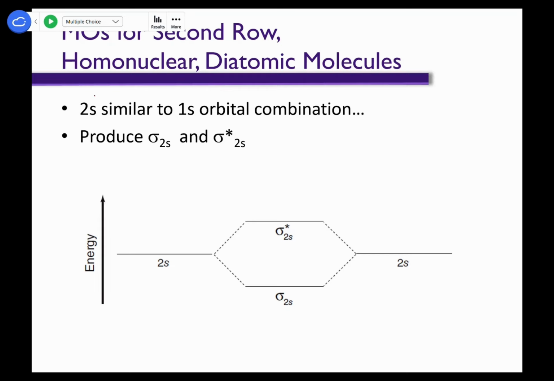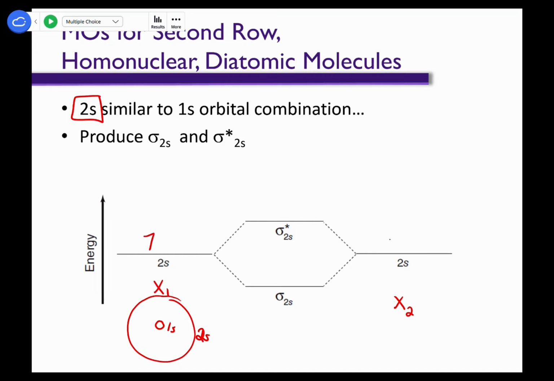So now the valence electrons might be in 2s orbitals. So imagine we have a 1s orbital, but then the 2s orbital is actually what engages in bonding, the valence electrons. So we could have one atom with a 2s orbital and another atom with a 2s orbital.